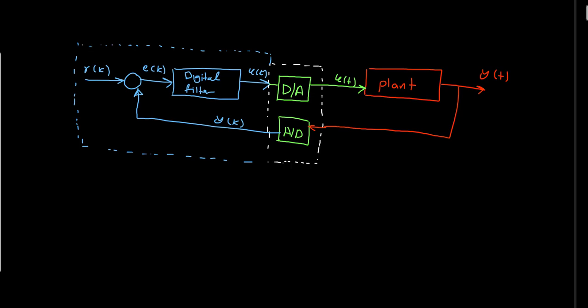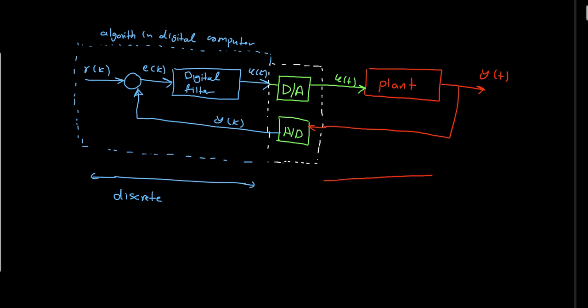So this is an algorithm in a digital computer, or digital platform. The signal from here to here is discrete, and the signal in the red part is continuous.